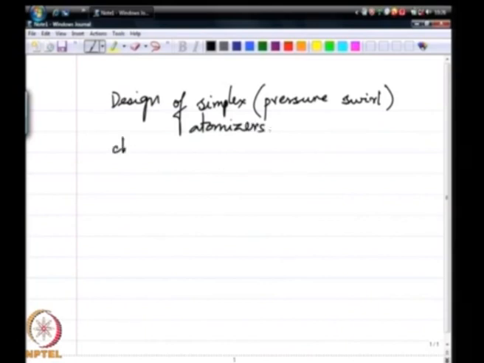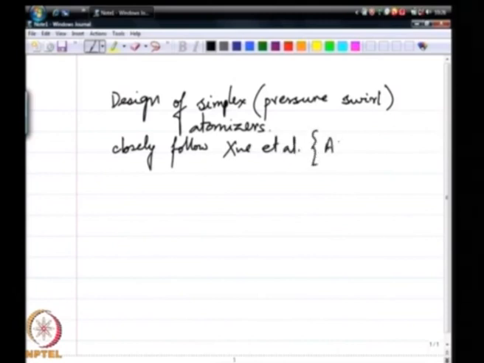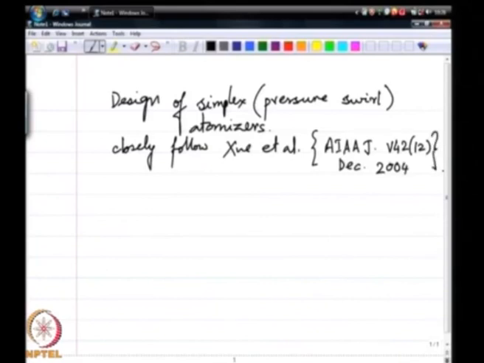Okay, this is going to closely follow a paper by Chu et al. I will give you the reference, it is AIAA Journal volume 42, issue 12, from December 2004. In fact, their process also follows the original work in this field by these two people.